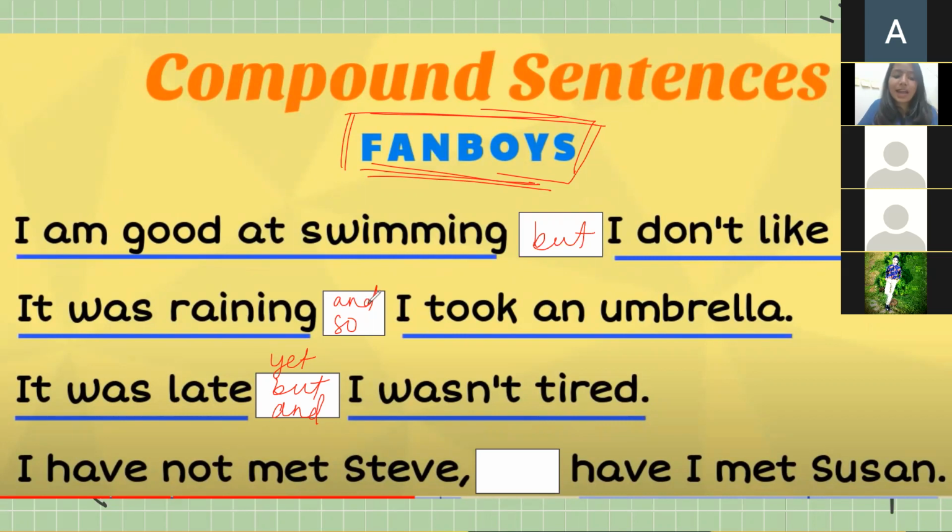It was late, but I wasn't tired. "And" is actually also not the right thing to use. "Yet" and "but" are more correct. But you can't write words like "or" or "so". Mostly if you are late, you should be tired, no? So you can't write "so" here.